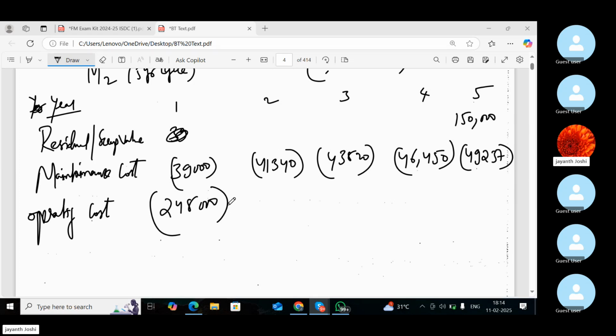So 248,000 into 1.12 is 2,77,760. Again, you have to do 1.12. You will be going on getting the values. 3,11,091 or 92. You can write anything.